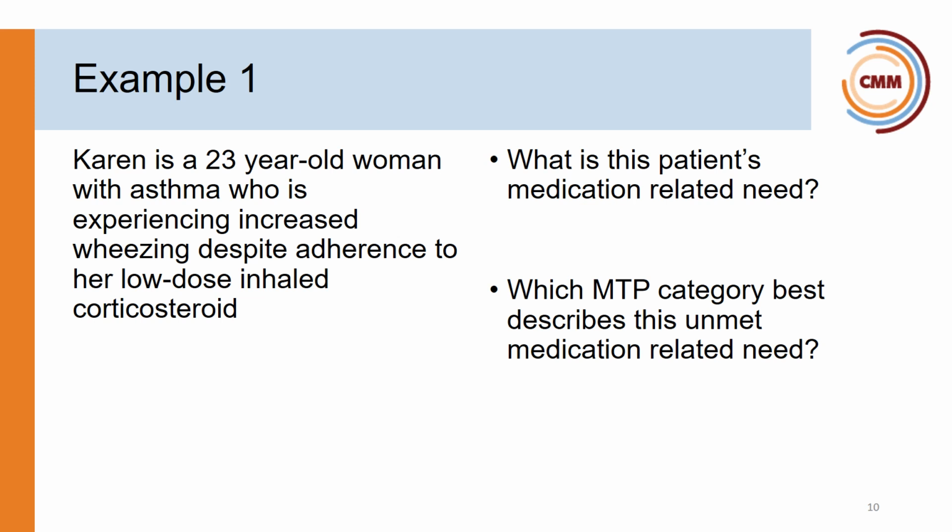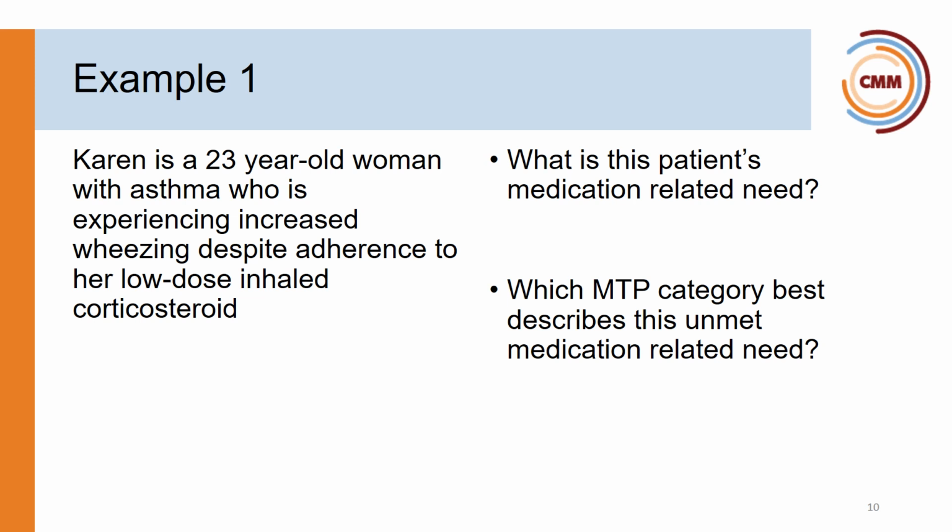Let's walk through a couple of examples. So example 1. Karen is a 23-year-old woman with asthma who is experiencing increased wheezing despite adherence to her low-dose inhaled corticosteroid. So first we think about indication. She has asthma, so an inhaled corticosteroid could be appropriate. Next, effectiveness. She's still having symptoms despite adherence to her medication.